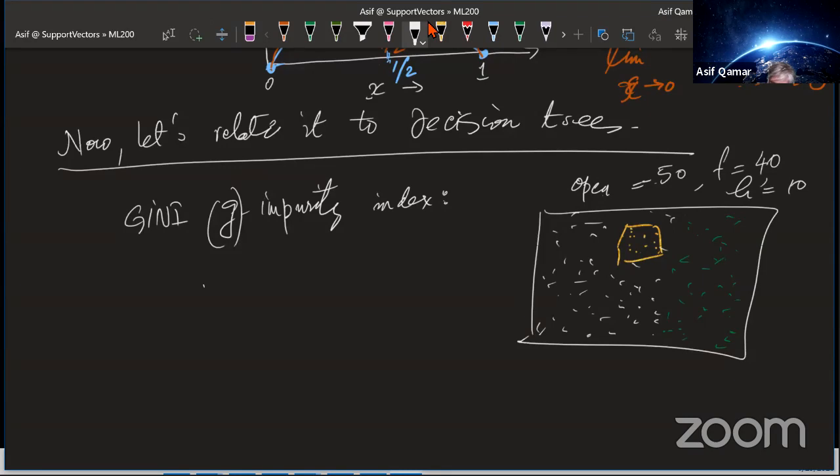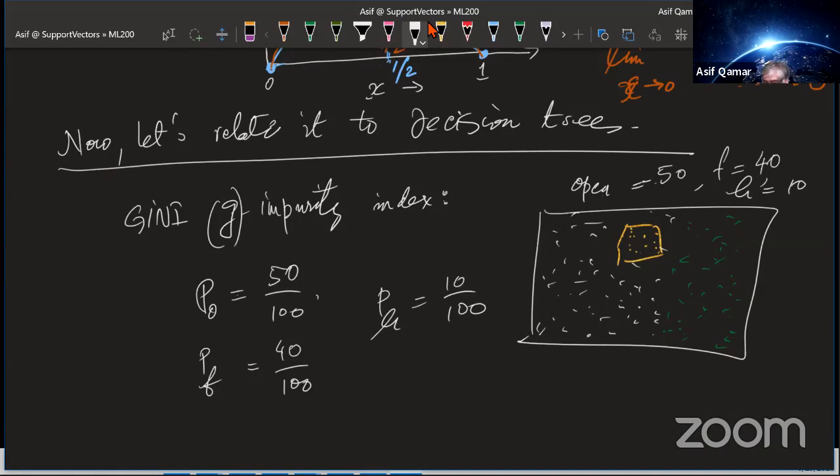So now, what is the proportion of open here? It is 50 over 100. The proportion of forest points is 40 over 100, and the proportion of house points is 10 over 100. Would you agree, guys?